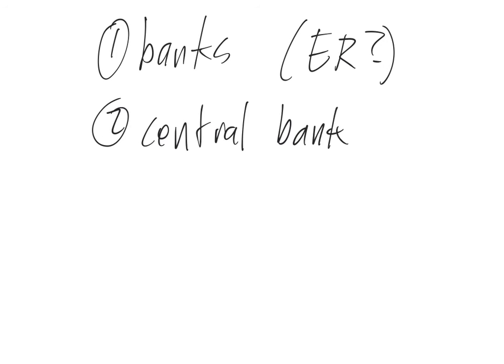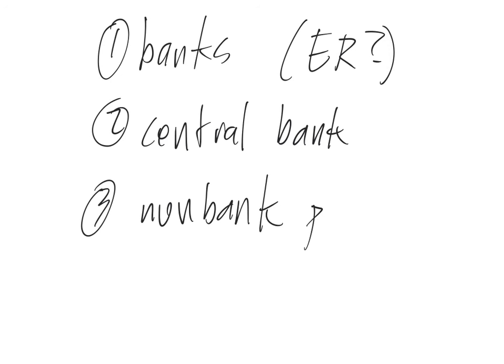Obviously, because the central bank determines how much money gets injected into the system, and the central bank also dictates what R superscript D is, the required reserve ratio. And finally, money multiplication depends on the non-bank public. That's you and me, the people who are not a bank, but get to make decisions about C over D.